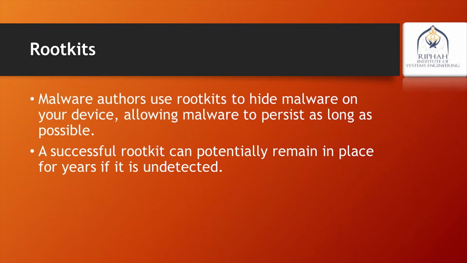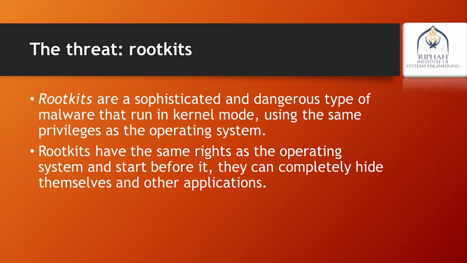Rootkits. Malware authors use rootkits to hide malware on your device, allowing malware to persist as long as possible. A successful rootkit can potentially remain in place for years if it is undetected. What are the threats of rootkits? Rootkits are a sophisticated and dangerous type of malware that run in kernel mode, using the same privileges as the operating system.